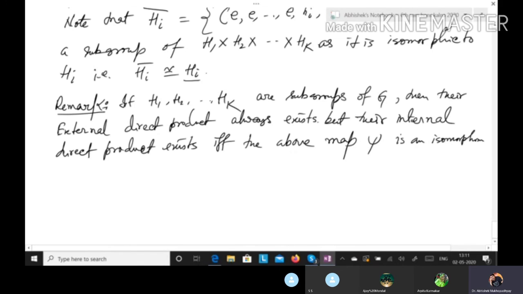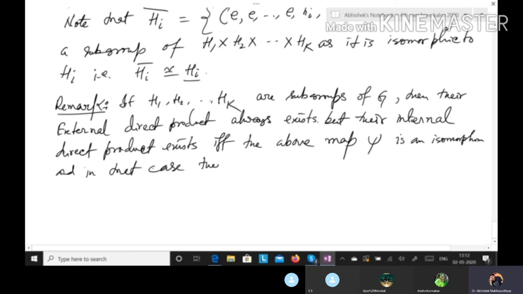In that case, just keeping in mind statement 1 of the above theorem, this internal direct product is isomorphic to their external direct product.